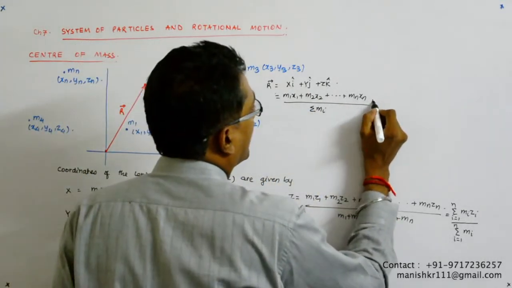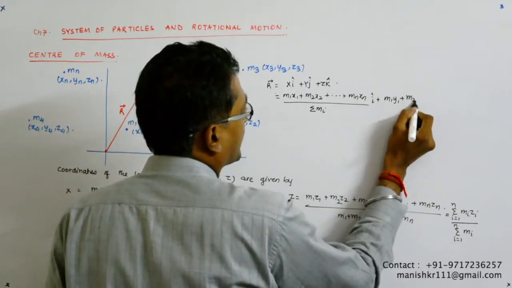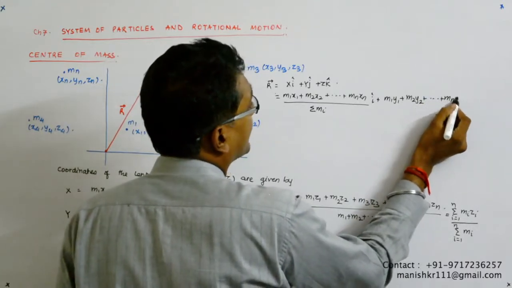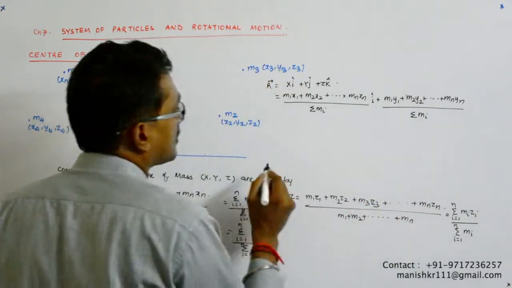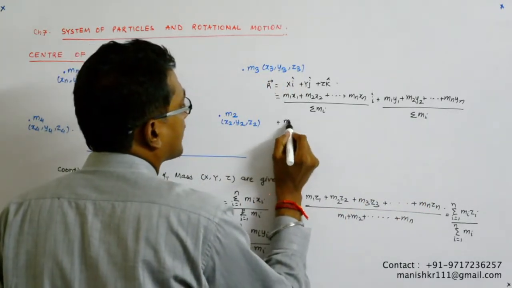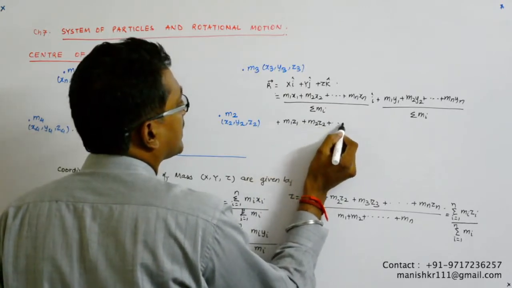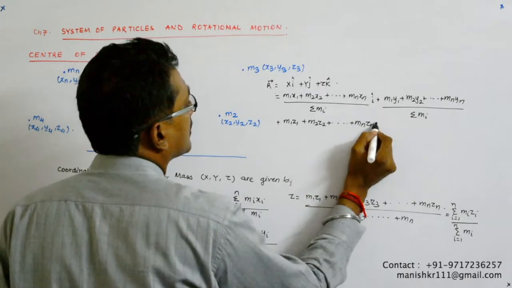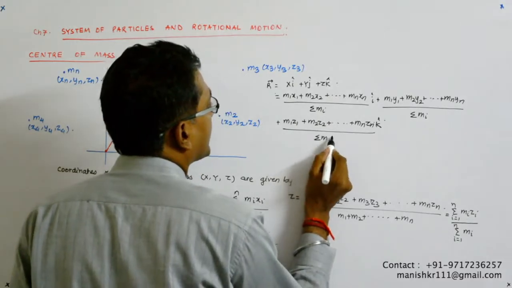So that i cap, plus m1 y1 plus m2 y2 plus mn yn divided by summation mi, plus m1 z1 plus m2 z2 plus mn zn k cap upon summation mi.